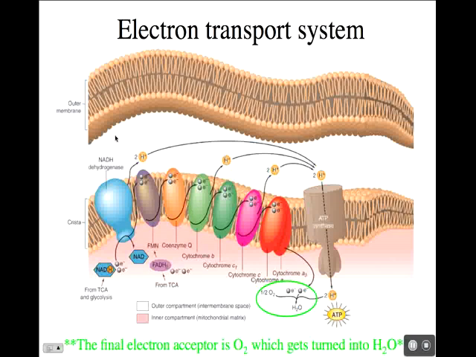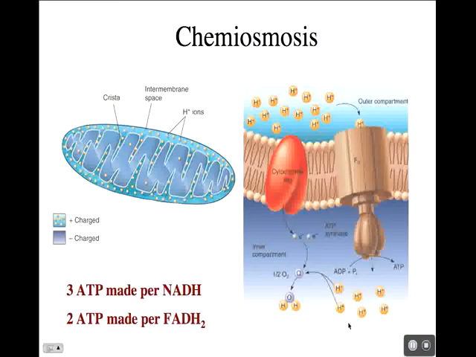The protons accumulate in this inner membrane space, and we call that concentration difference proton motive force. Proton motive force will drive the protons back through ATP synthase, and ATP synthase synthesizes ATP as they move through ATP synthase. So the second half here, chemiosmosis.